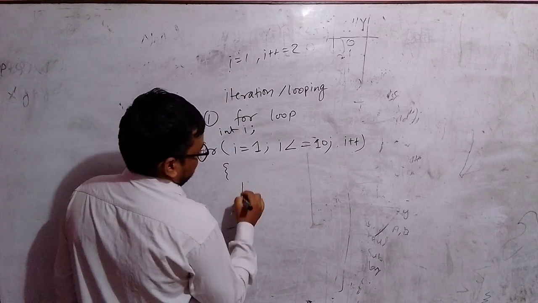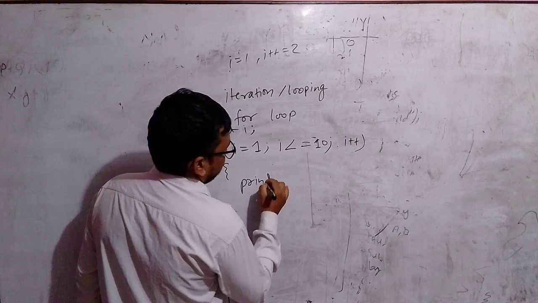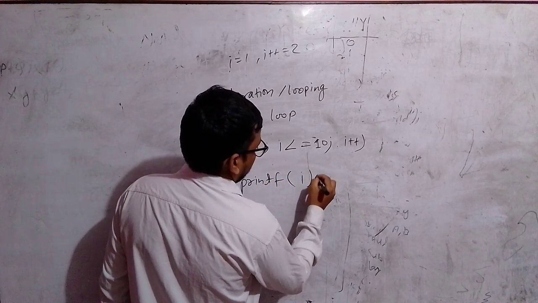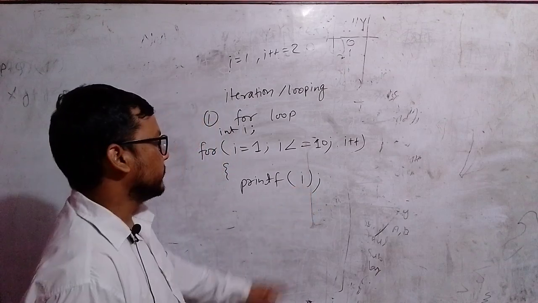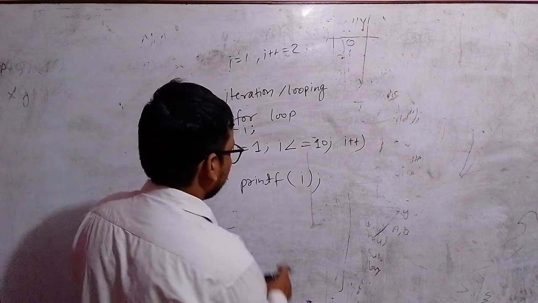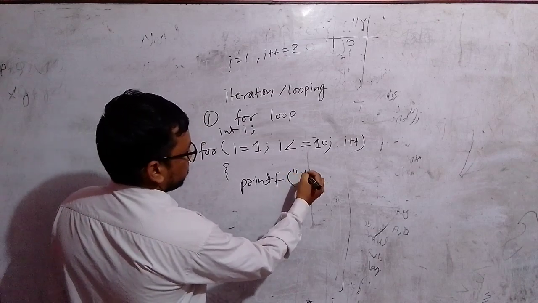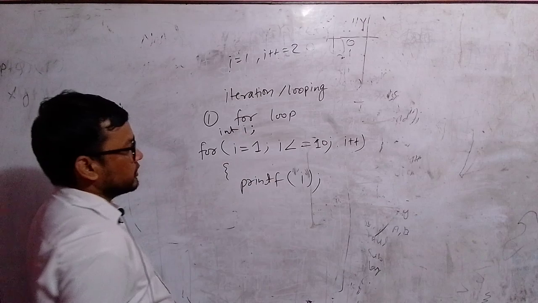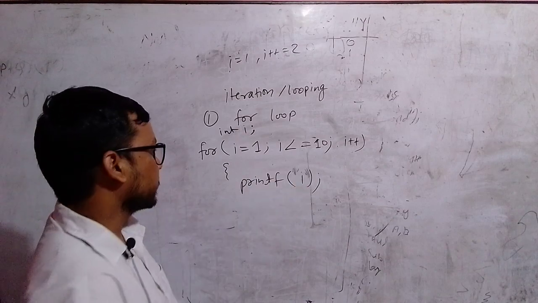Now let our block be printf I. If we are writing the variable, we do not need to enclose it in double quotations; we cannot write it that way. Now I will print the value of I on the screen.